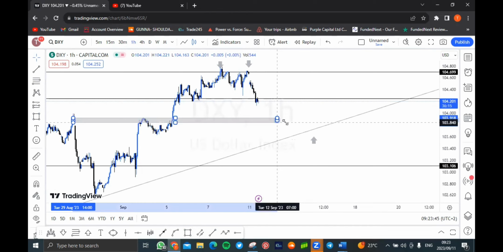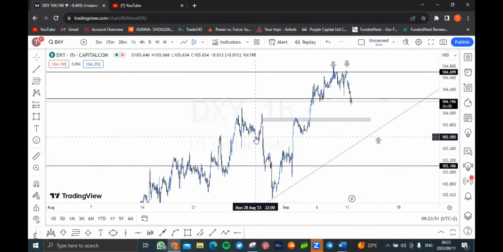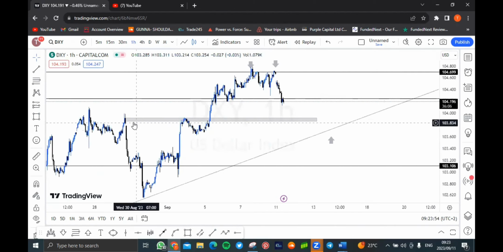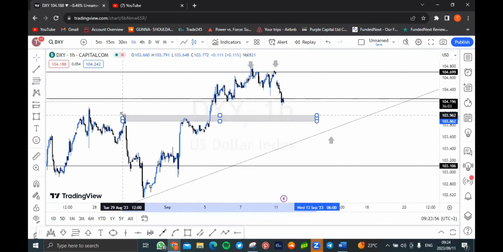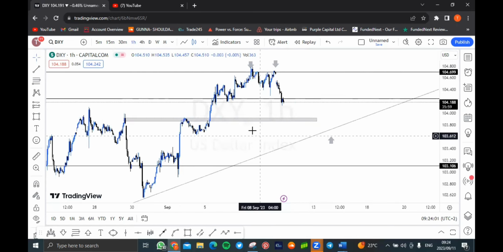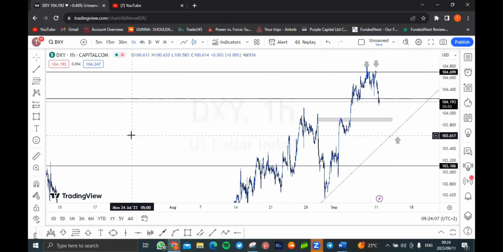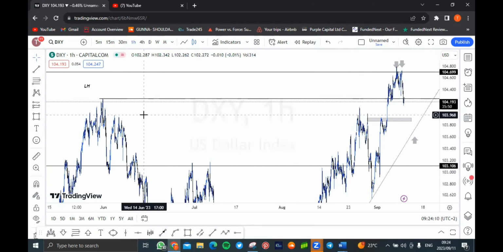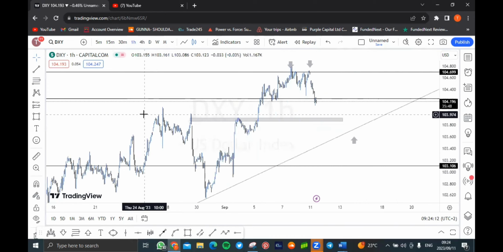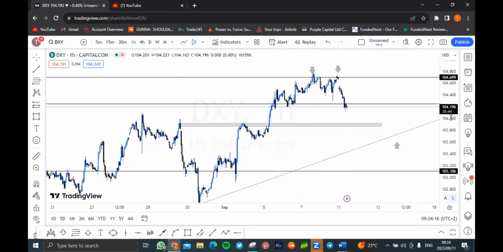So if you want to trade any dollar pair, you know that if price has broken this area, it's going to move to the nearest low, or whatever area you see on your side, because you cannot really dictate what price does.